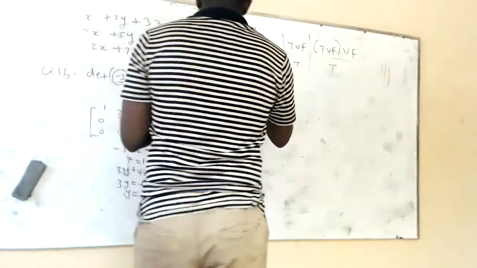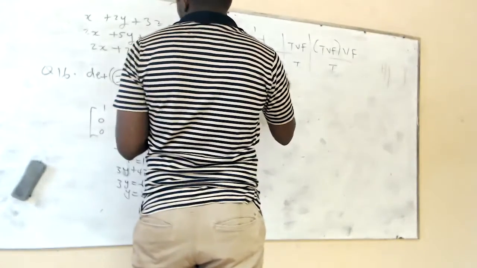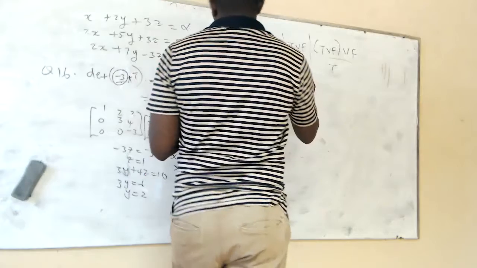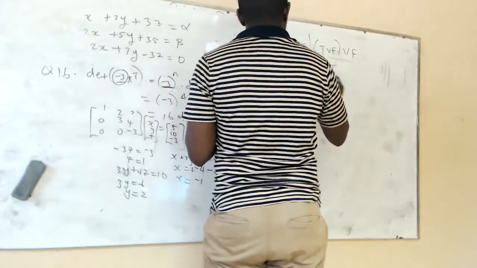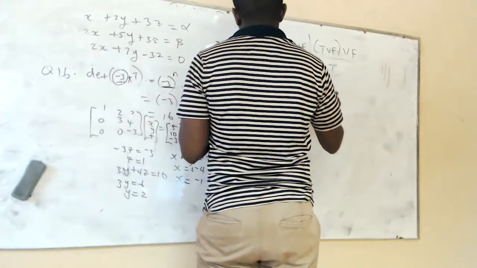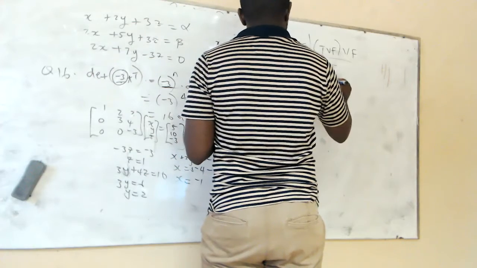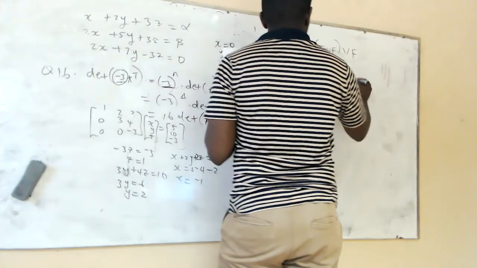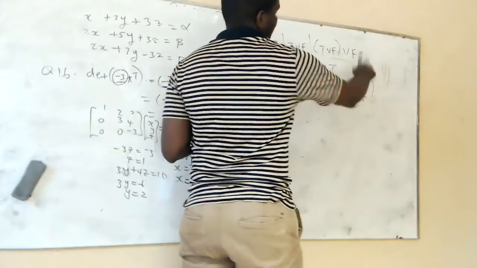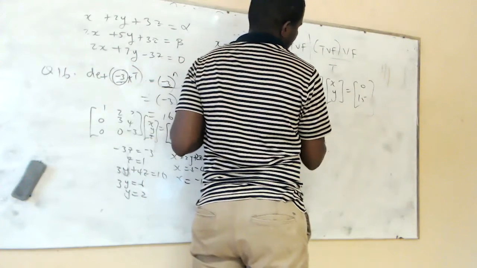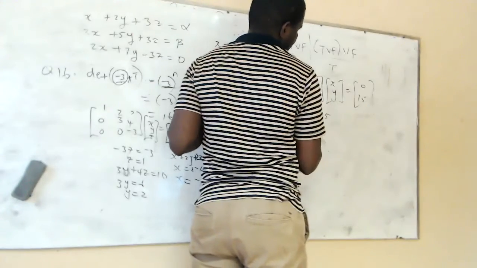Question number 19. We have a system 1, 2, -4, 0, 0, -3, and x1, 0, 15. Multiply this with that, it's going to be -3y equal to 15.